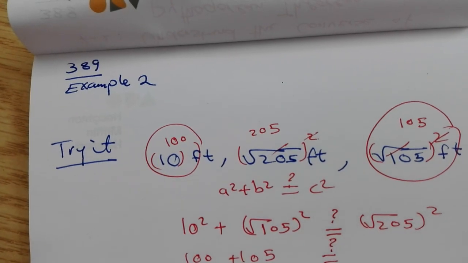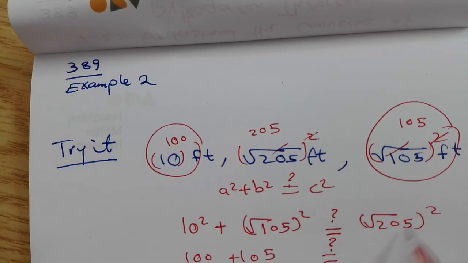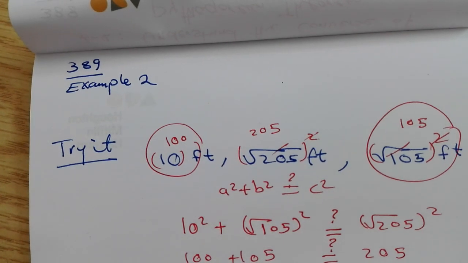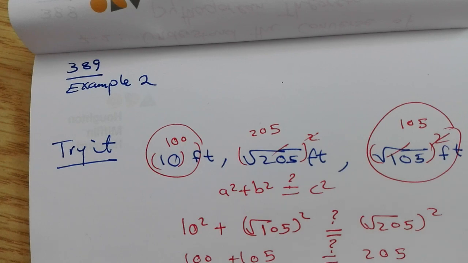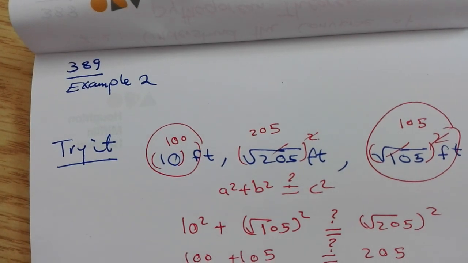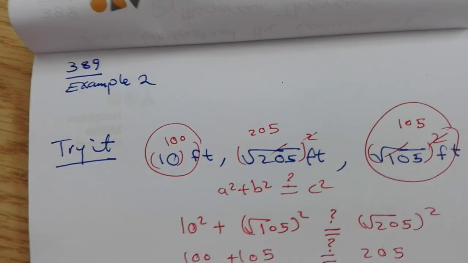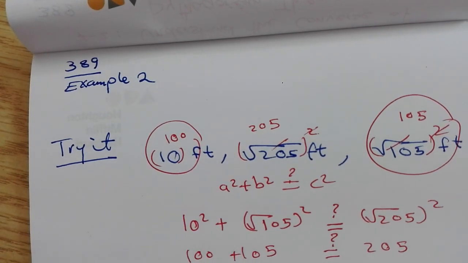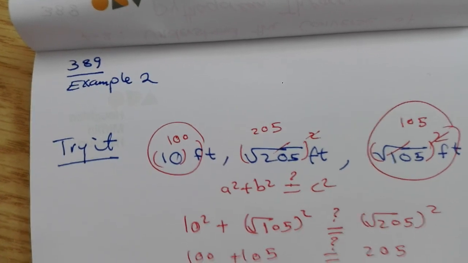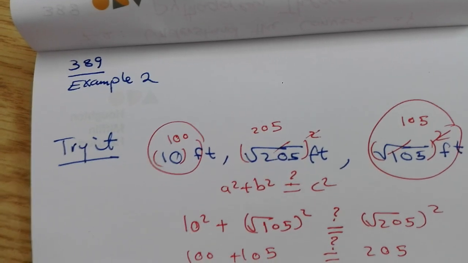Does it equal the square of this number, 205? Add now 100 plus 105, it's 205. It's exactly equal to the right hand side. So yes, this triangle is a right triangle.